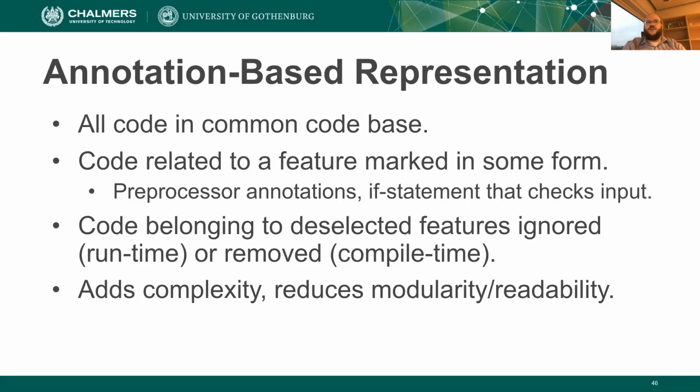In an annotation-based approach, the code of all of your features is merged in a single code base, generally within the same classes. And annotations in the code mark which code belongs to which feature. That can be when it's tool-based, like preprocessors, that can be explicit statements in your code that say, hey, lines 17 to 81 belong to this feature. This can be if statements within your code that say, hey, if this feature is true, run this code.